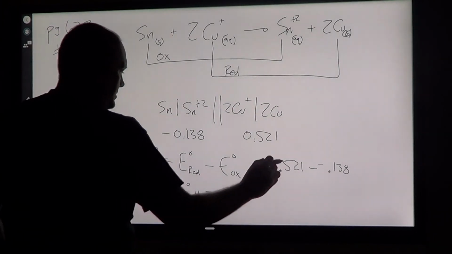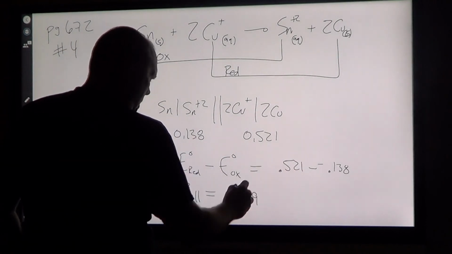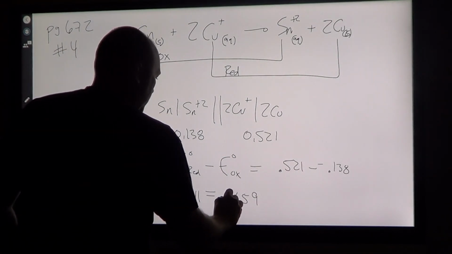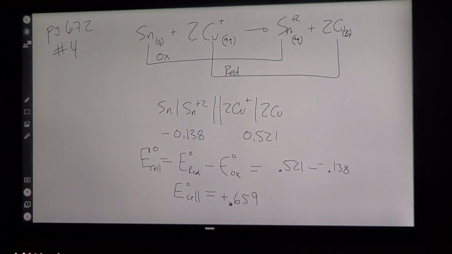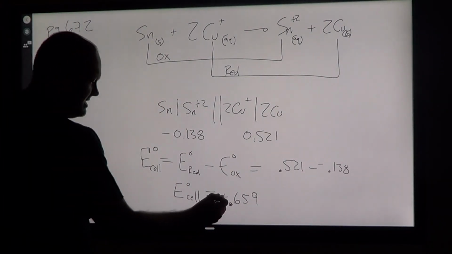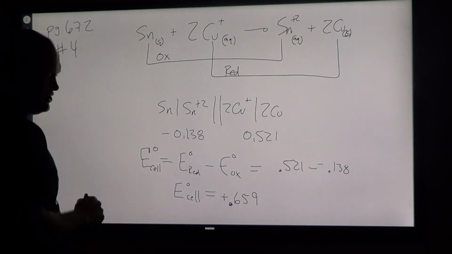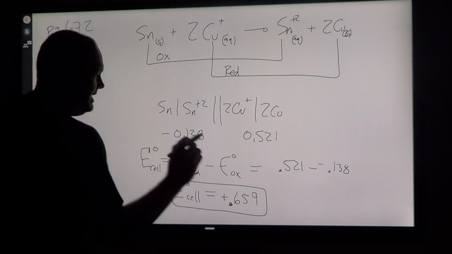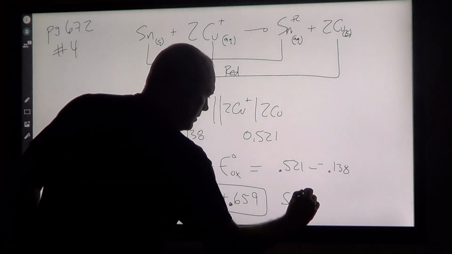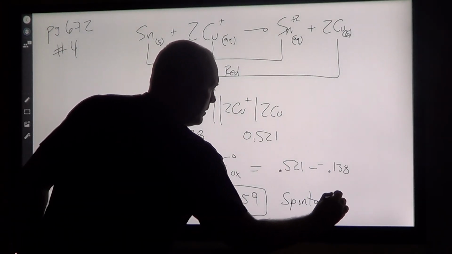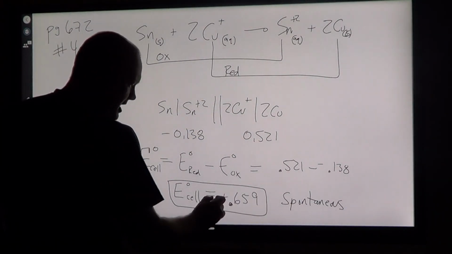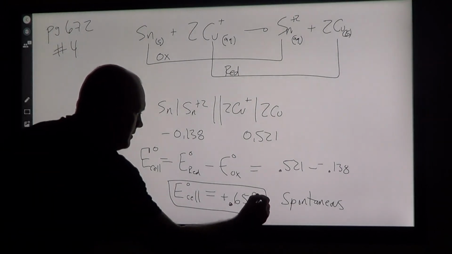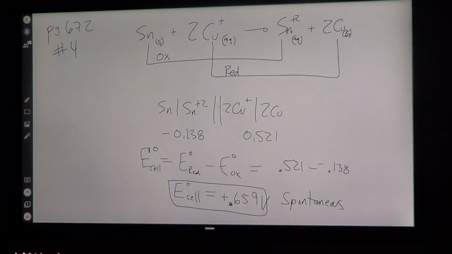So the cell potential is going to be positive 0.659. And remember, if this is a positive reduction potential, then this will be a voltaic cell. It is spontaneous. It generates 0.659 volts of cell potential.